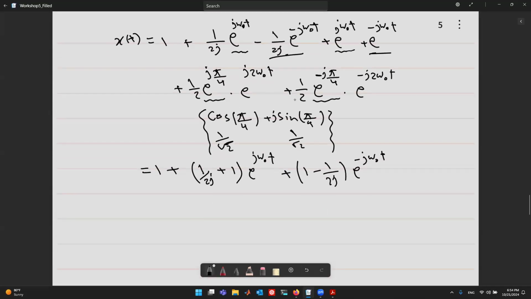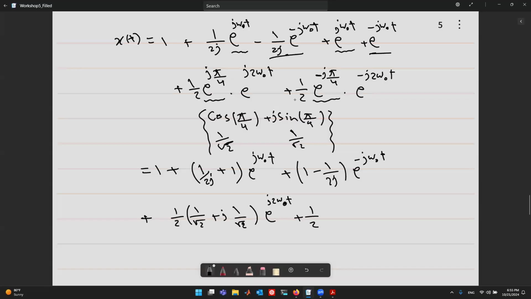For the last two terms, we'll have 1/2 times 1 over square root of 2 plus j over square root of 2, exponential j 2 omega naught t, plus.